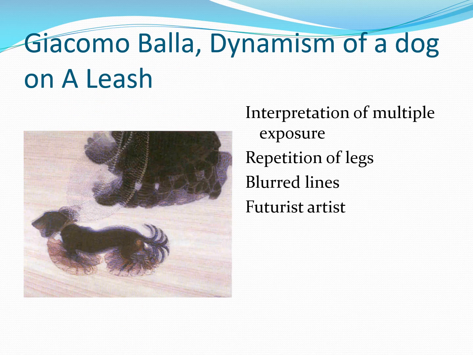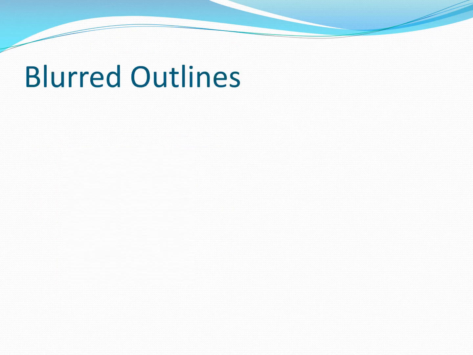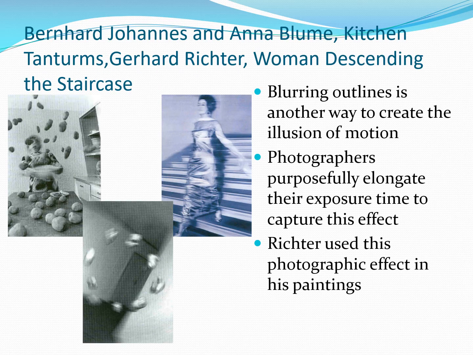Here's another example of that, and it's funny how this was also called futurism or Dynamism as well, because it kind of seems silly compared to all the technology that we have today. Now they also realized that by blurring things, that makes it appear to be moving. And so here's some examples of that throughout art history.